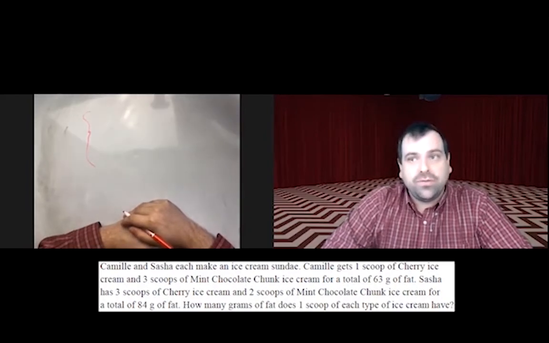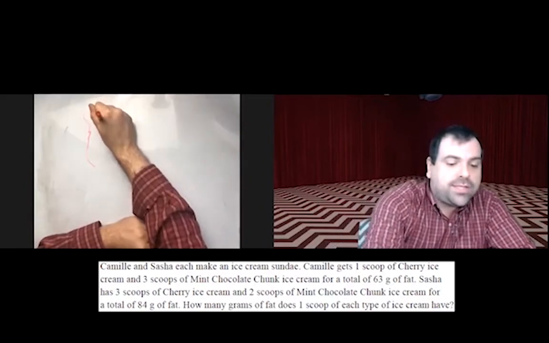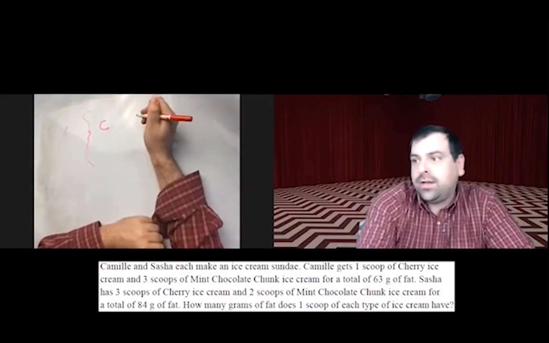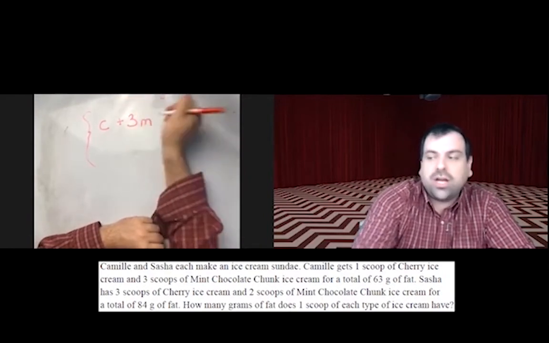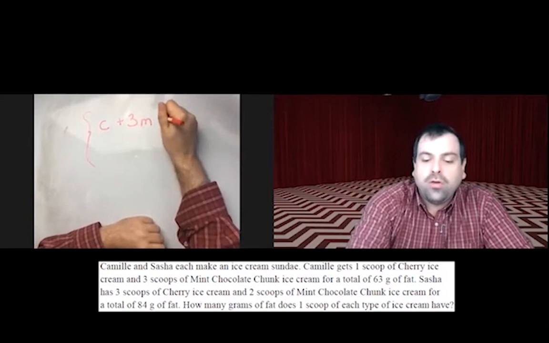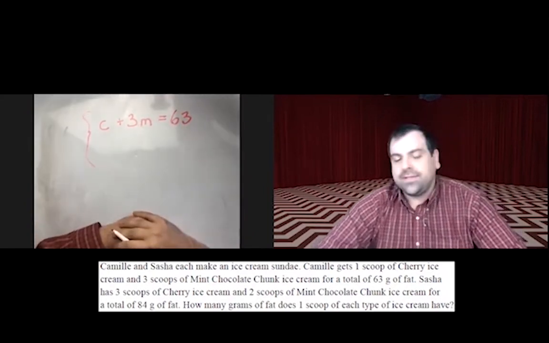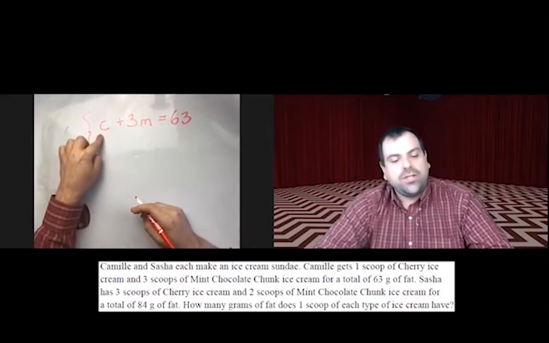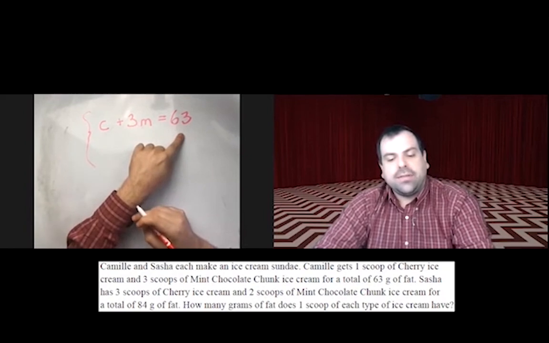Let's make an equation for Camille. Camille gets 1 scoop of cherry and 3 scoops of mint chocolate chunk for a total of 63 grams of fat. So see what I did there? 1 cherry plus 3 mint has 63.